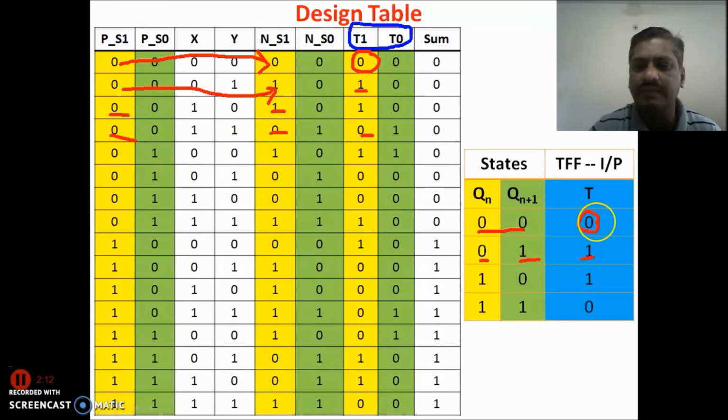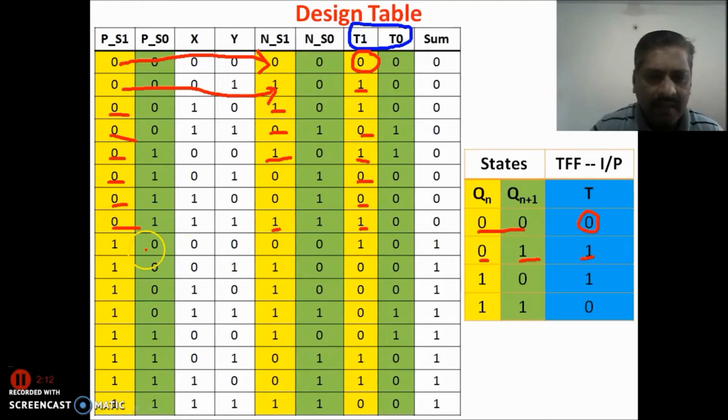For 0 1, the input applied is again 1. For 0 0, the input applied is 0. For 0 1, the input applied is again 1.